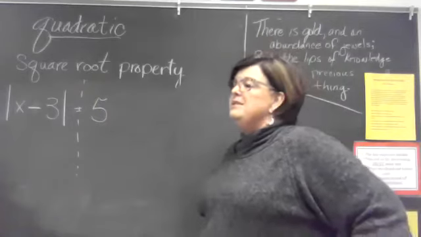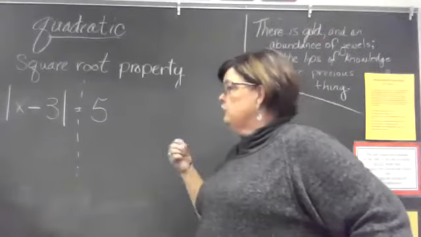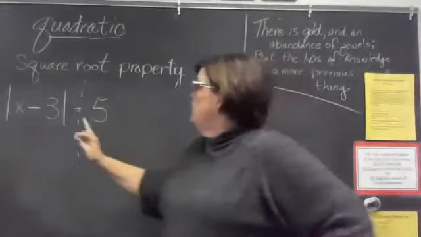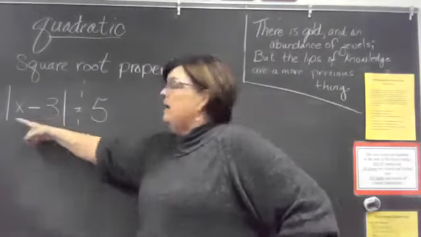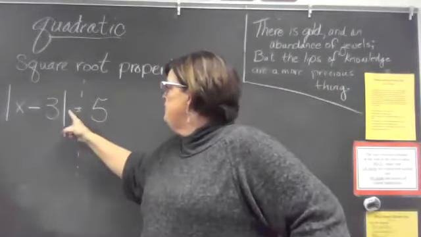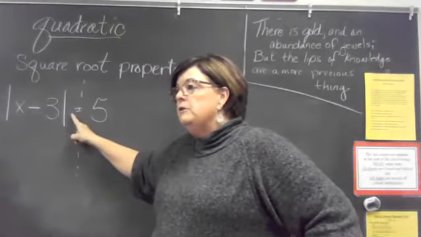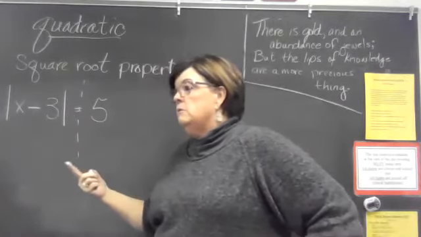Now, before you set up your absolute value solution, you have to make sure that only the absolute value is over here. If it says absolute value of stuff and then it says plus 4, you've got to get rid of the plus 4 first. Then you can do the absolute value stuff that I'm going to show you right now.